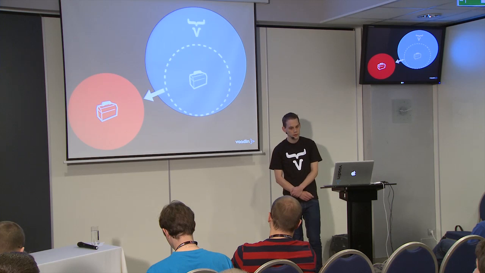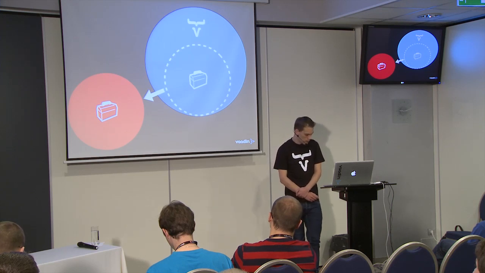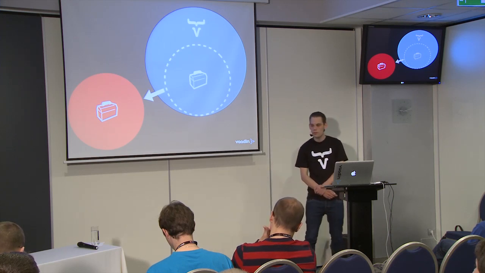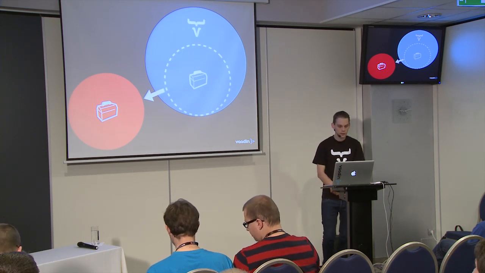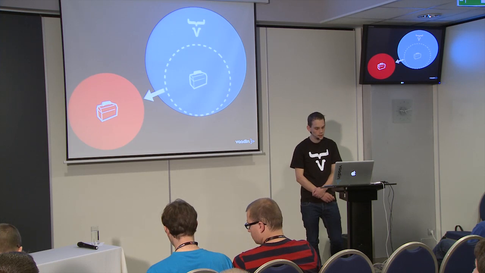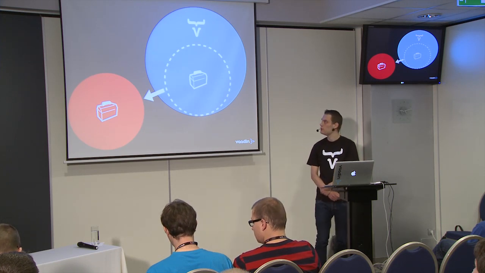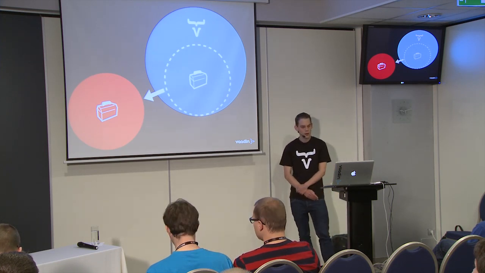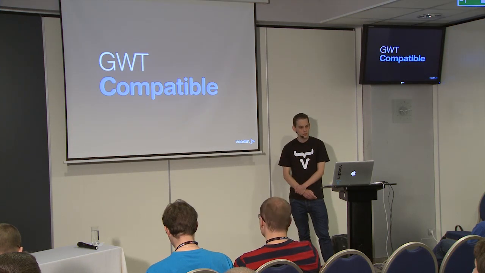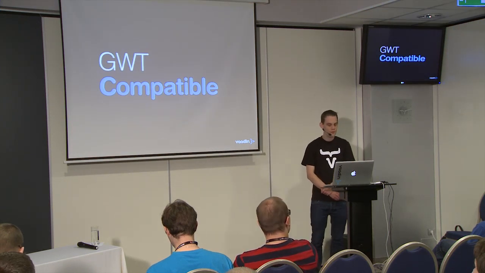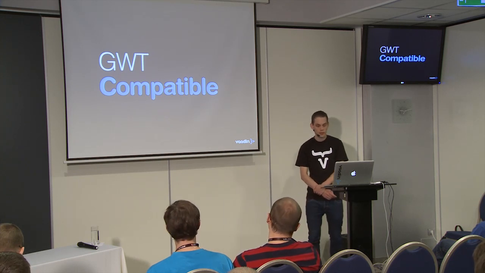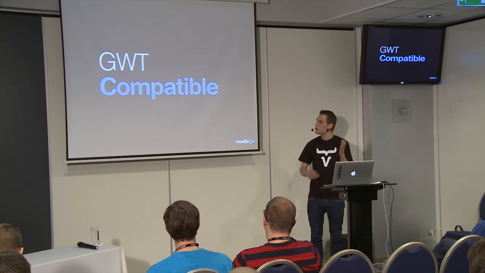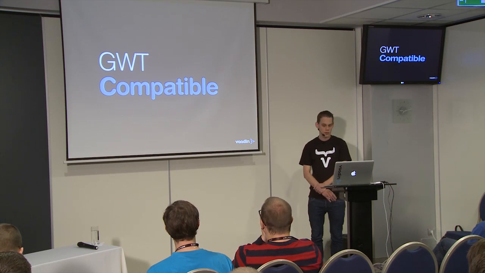In the future, the Vaadin GWT version might provide some useful stuff that's not available in the normal GWT. And our version of GWT is fully compatible with GWT, so you can exchange those.